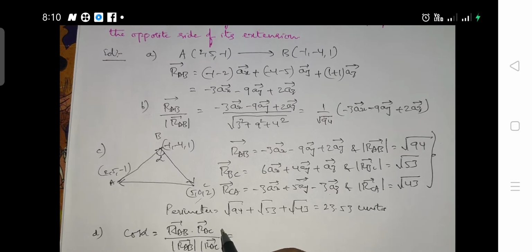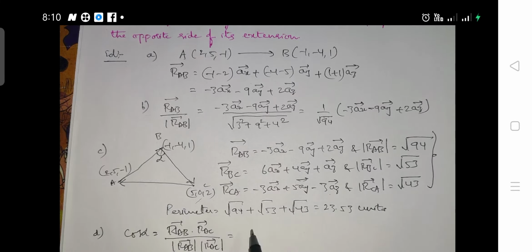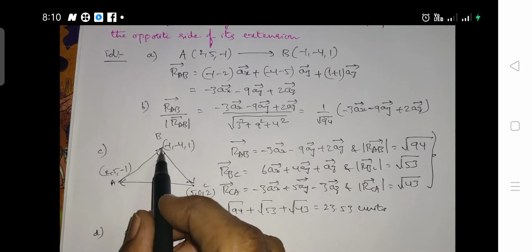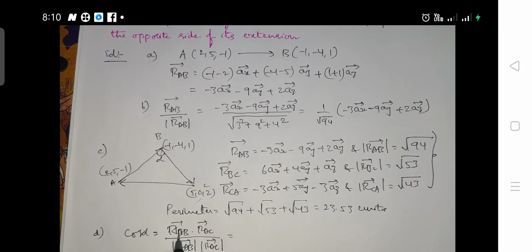And if you do that, we are going to have, or you can say RBA, so this is RBA and RBC, RBA and RBC divided by the magnitudes.